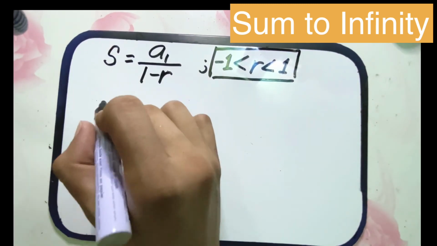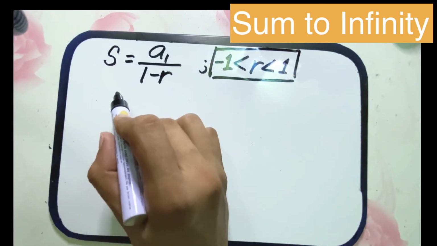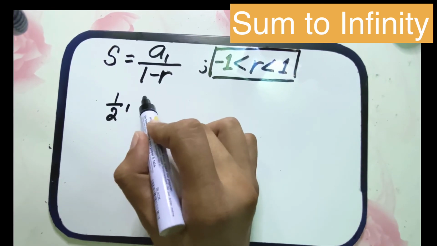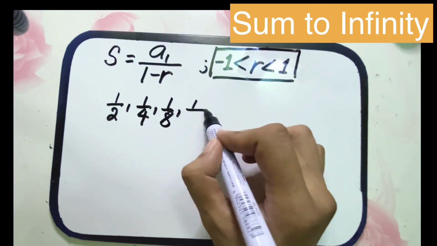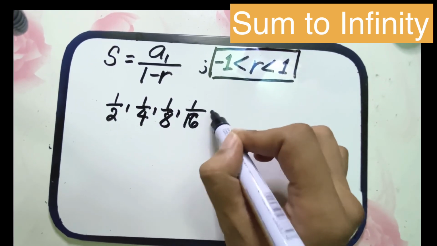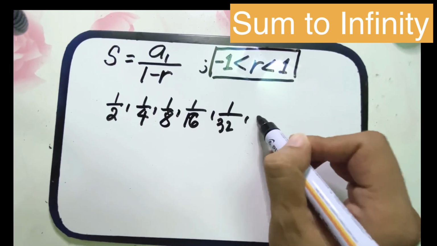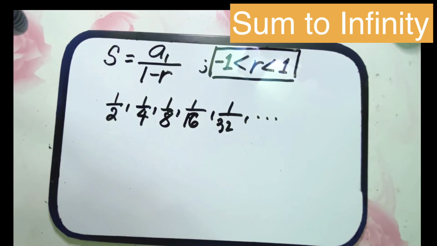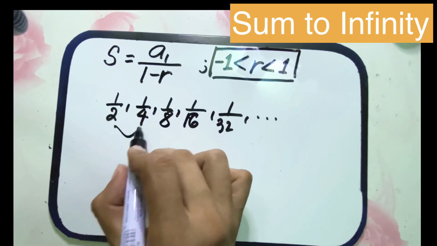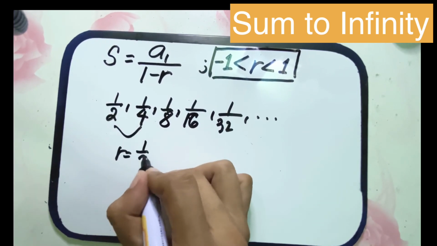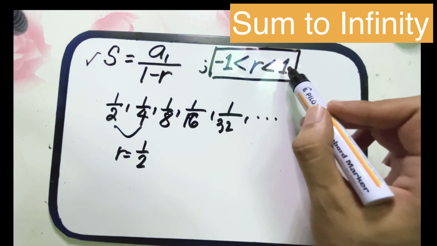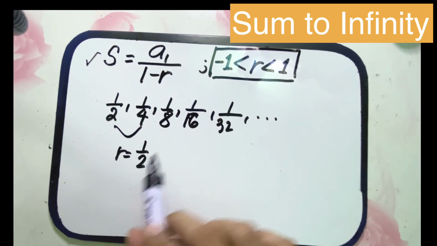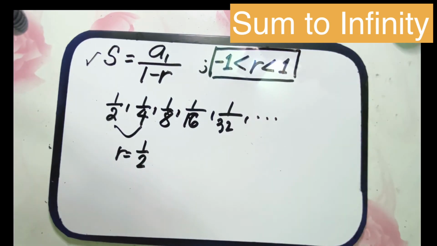For example, we have 1/2, 1/4, 1/8, 1/16, 1/32, and so on. The ratio here is 1/2. We can use this formula because the ratio is less than 1 and also greater than negative 1.